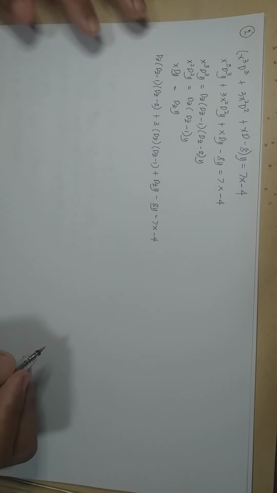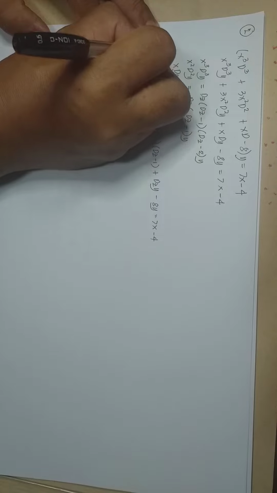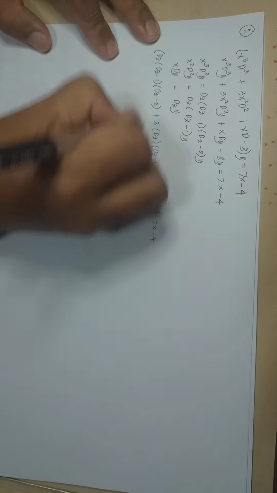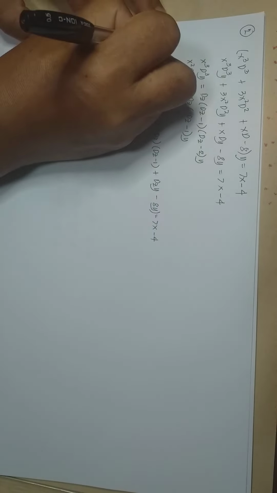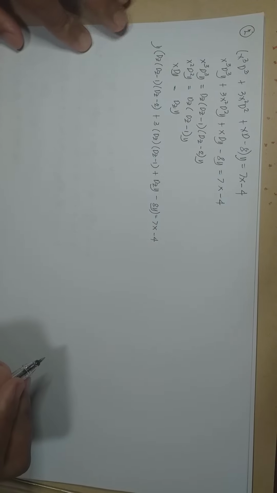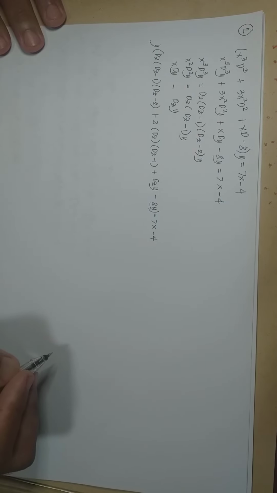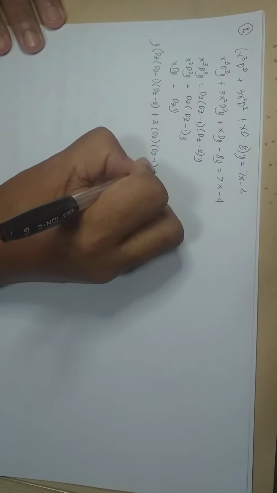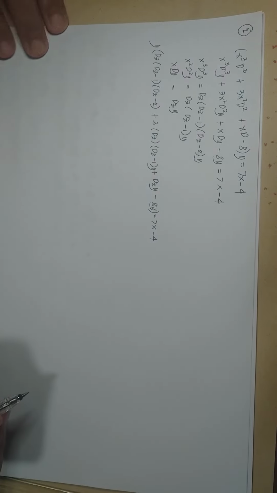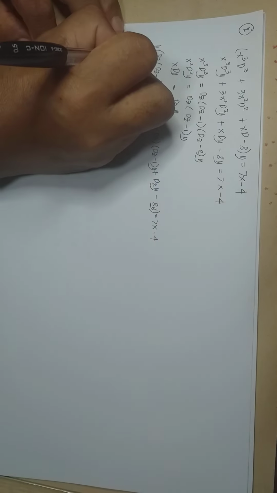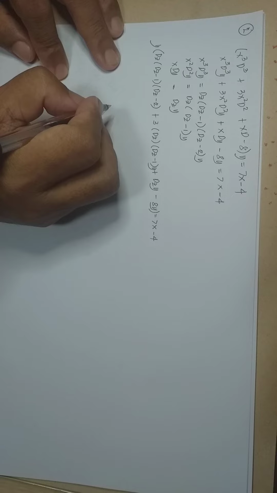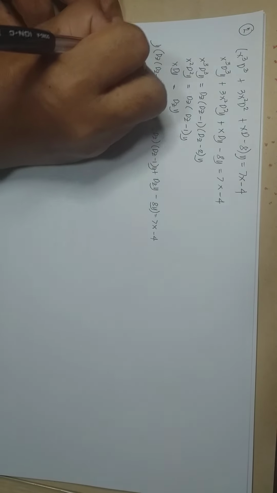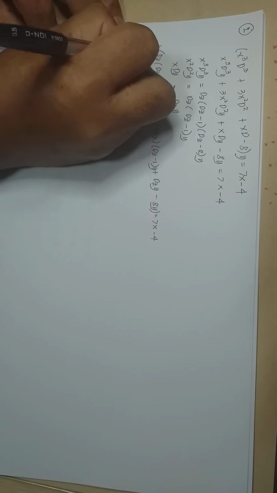Okay? The y is gone, so we have factored out y. So factoring y and expanding, we have Dz cubed.